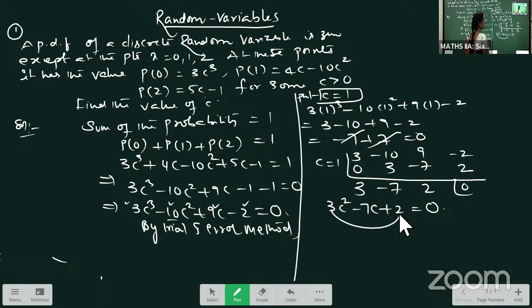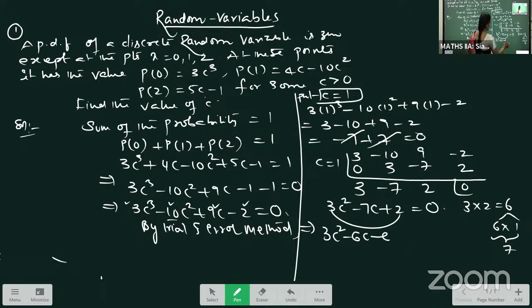3 2s are 6. How can we write that 7? Can we write this as 6 plus 1? If you add them, then you will get 7. So we write here 3c square minus 6c minus c plus 2 is equal to 0. Minus 6c minus c is minus 7c, no? So take 3c as common, then c minus 2. Take minus 1 common, then c minus 2 is equal to 0.